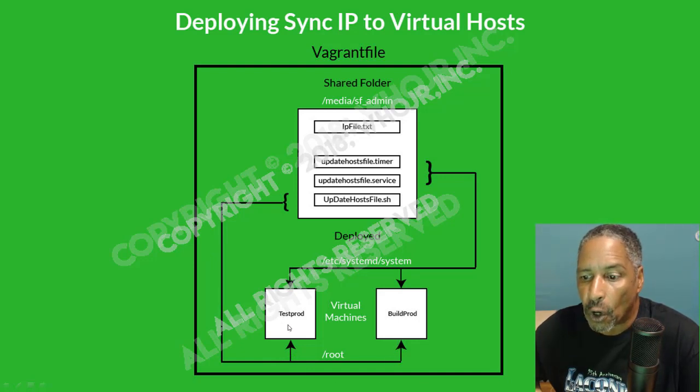So what we're going to do today is build this within our Vagrant file so that each time we provision a node, it has the full IP system installed on its virtual host, and it will know about each virtual host we define.